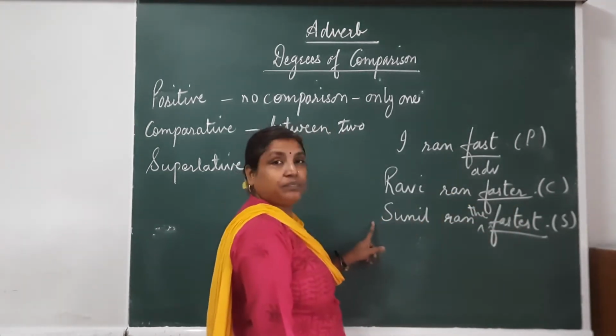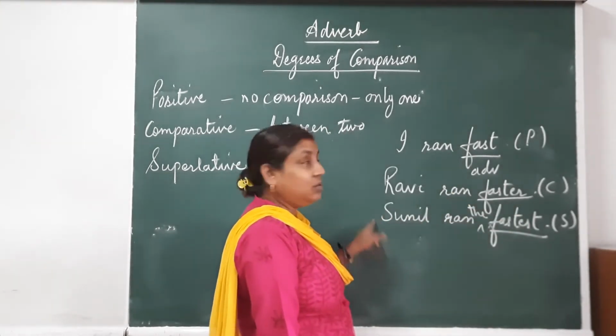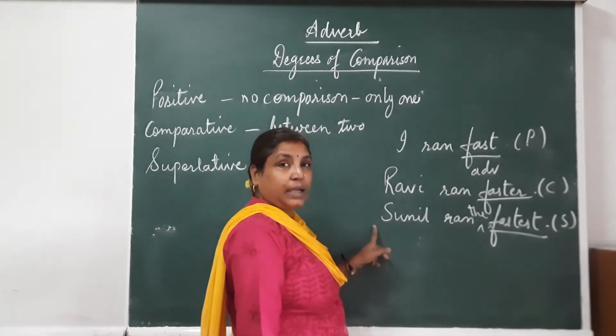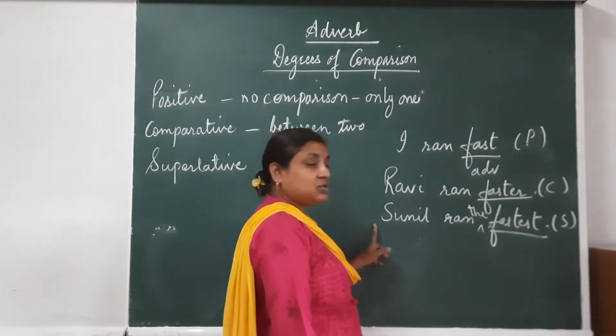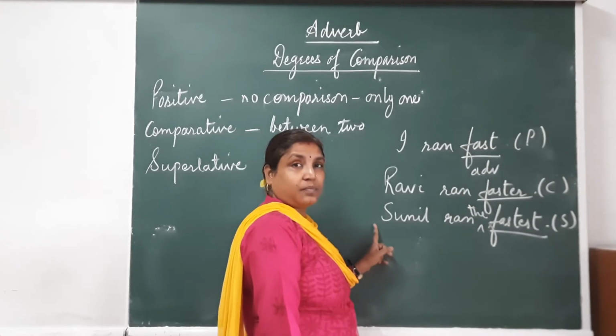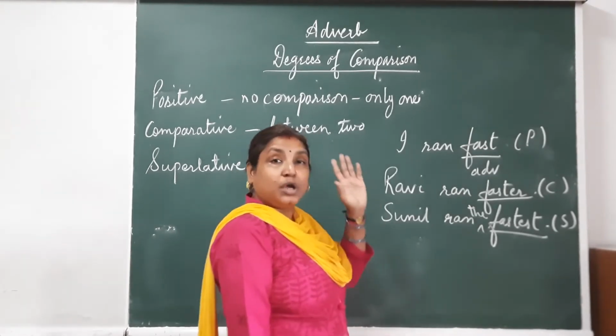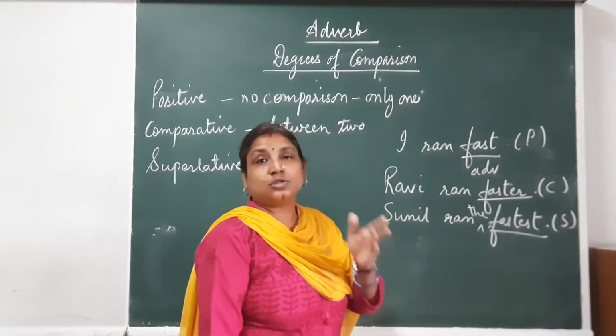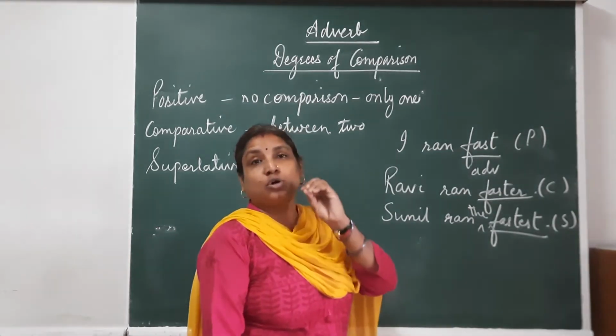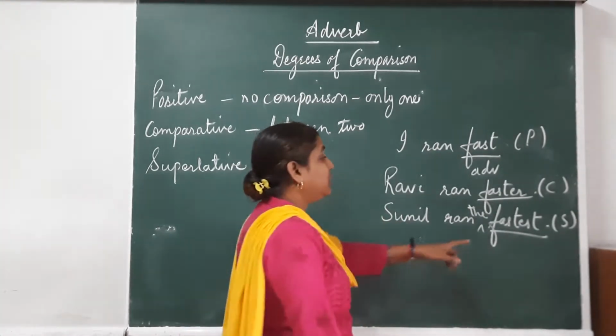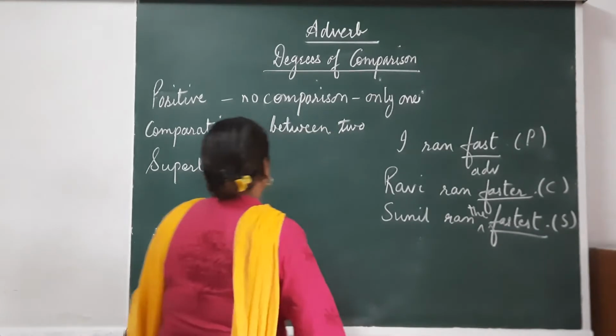Then Sunil, he was more than two now. 1, 2 and 3. I, Ravi and Sunil. All 3 were there. So 3 persons. If we have more than 2 persons or events or groups or happenings taking place, we will use the superlative degree.